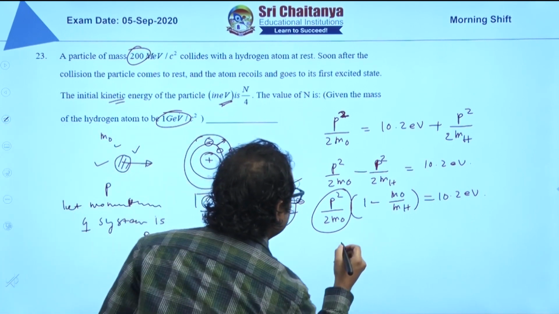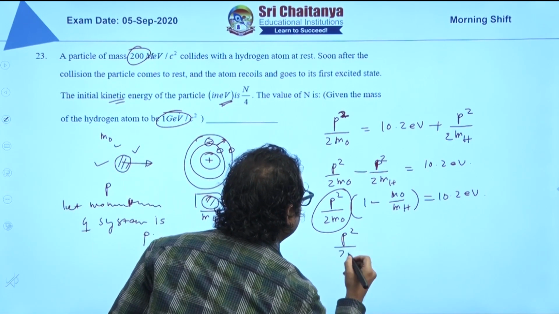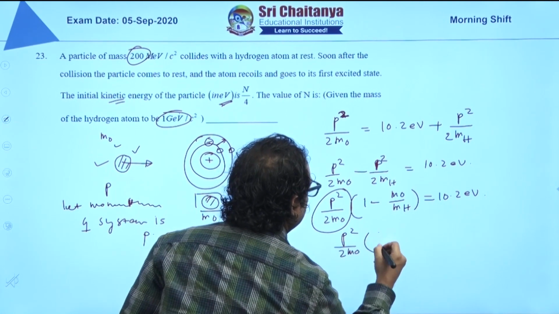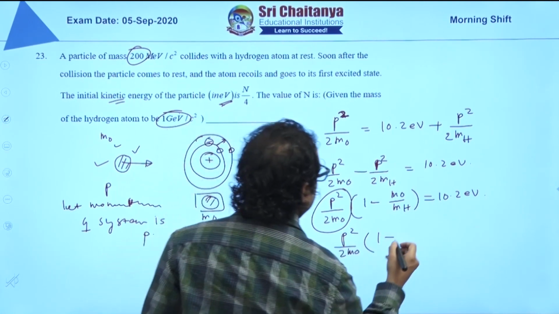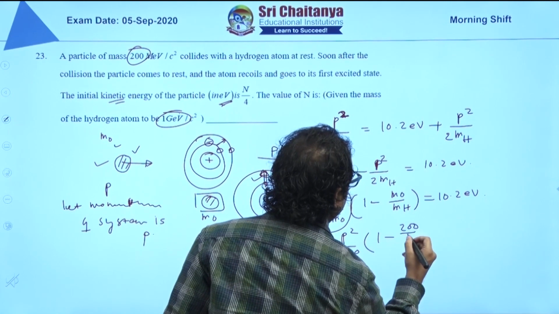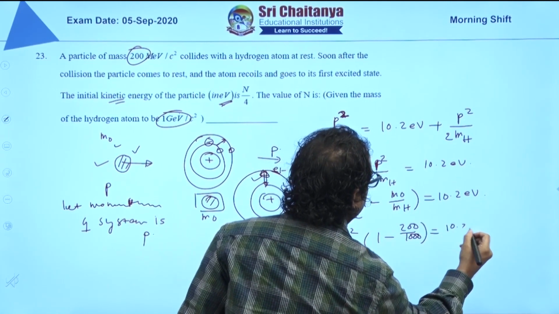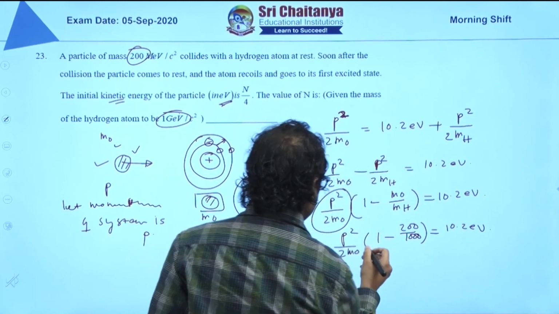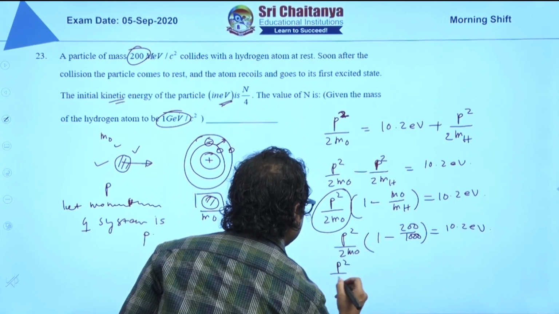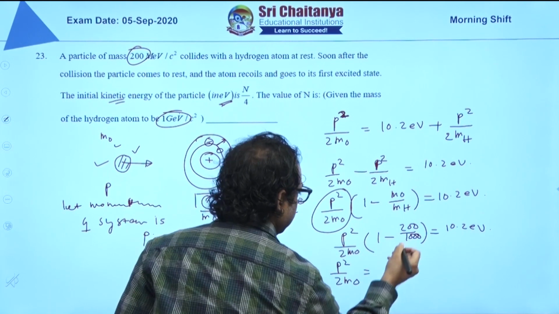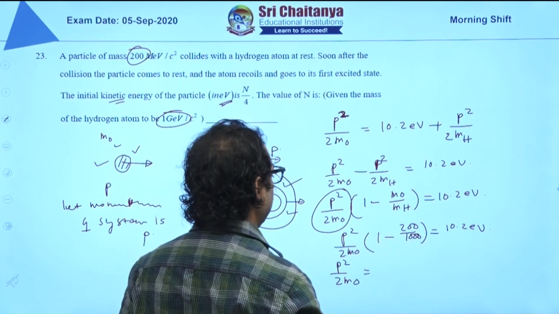So, we can write p square by 2 m naught times (1 minus 200 by 1000) equal to 10.2 electron volt. So, p square by 2 m naught is nothing but 1 by 5.